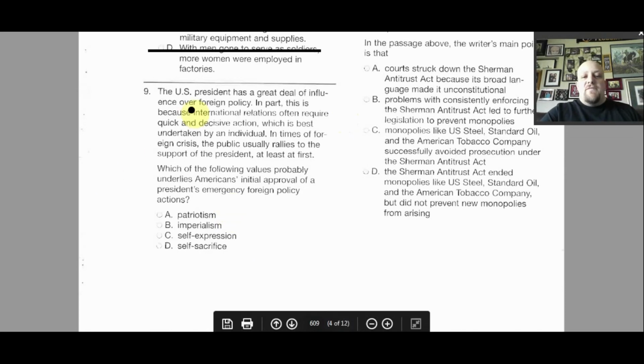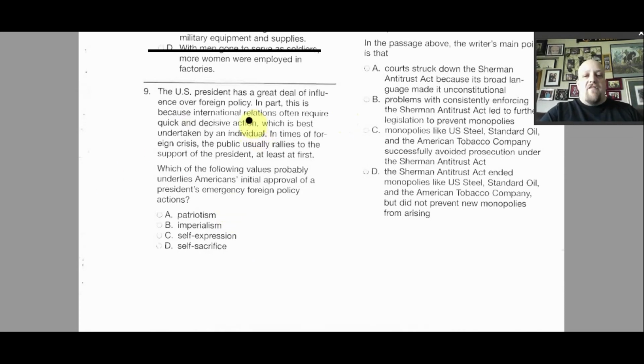This one's a good example of that. The U.S. president, so our president, has a great deal of influence over foreign policy, meaning how we deal with other countries and how they deal with us. In part, this is because international relations often require quick and decisive actions, which is best undertaken by an individual.